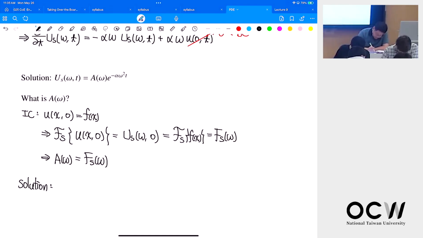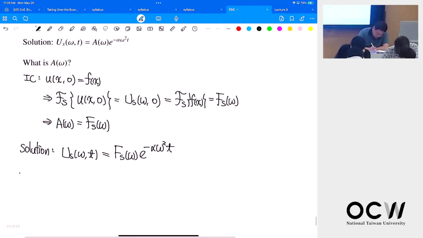So the solution will be the Fourier sine transform times e to the minus alpha omega squared t.